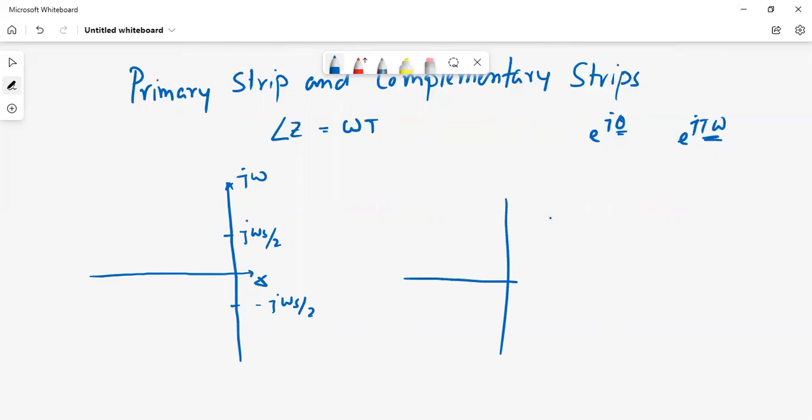So angle wise, how can we find out? Now, as you can see, minus j omega s by 2, and omega t is the angle. So if you replace omega by omega s by 2, and your t is also there, omega s is nothing but twice pi by t.